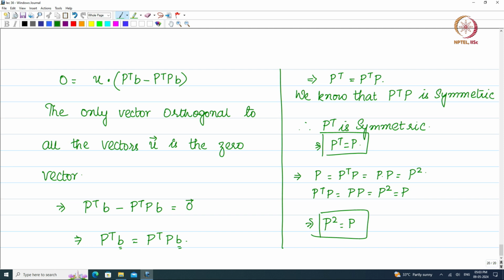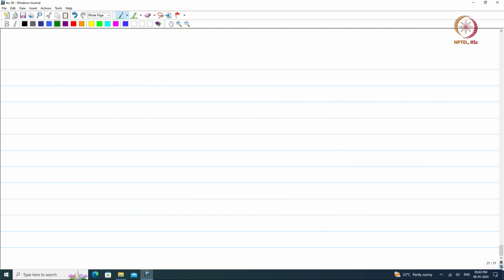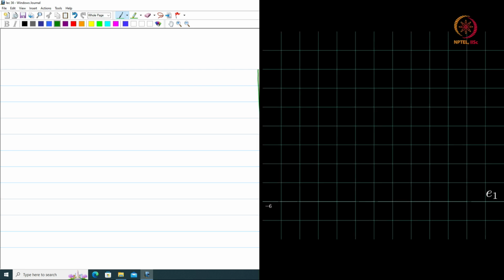Okay. Now let us look at something simple and interesting, where I want to look at how, given a vector, I get a matrix which helps us project a given vector onto another vector. We want to look at that.